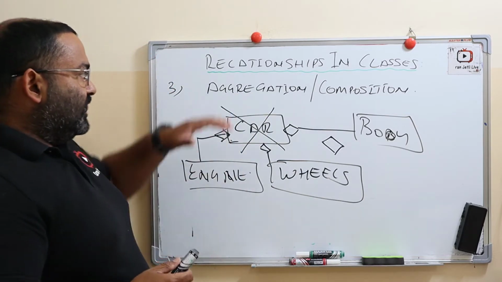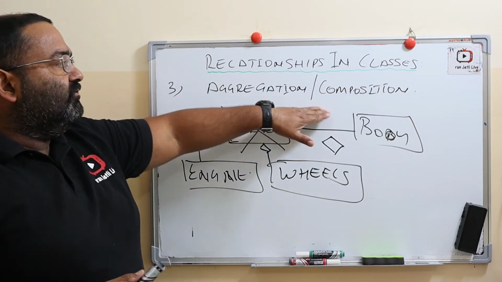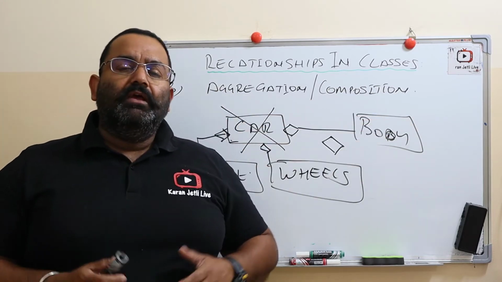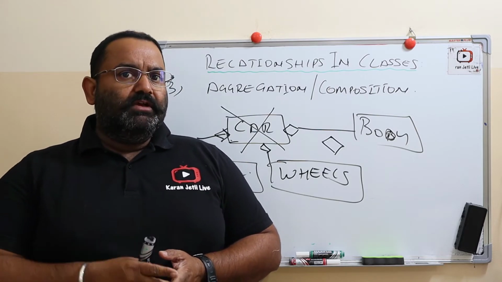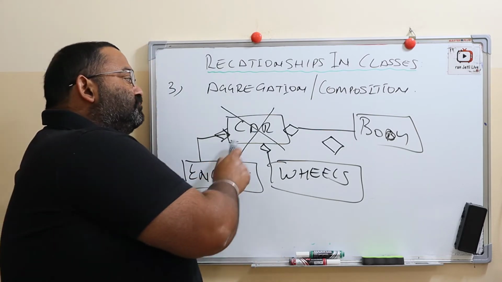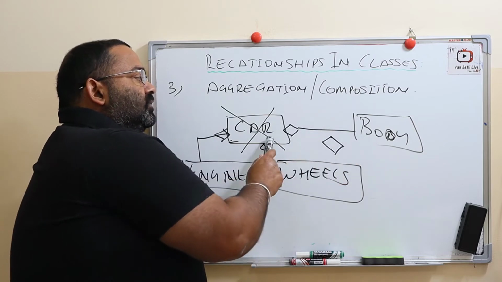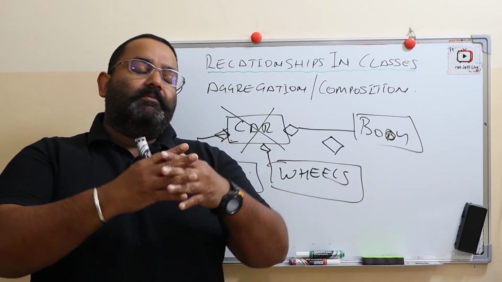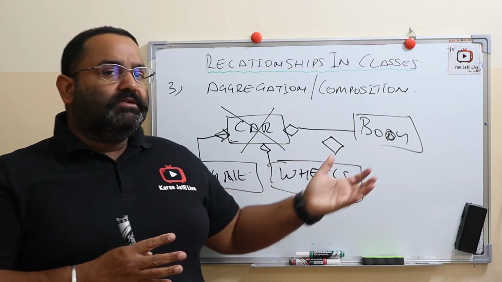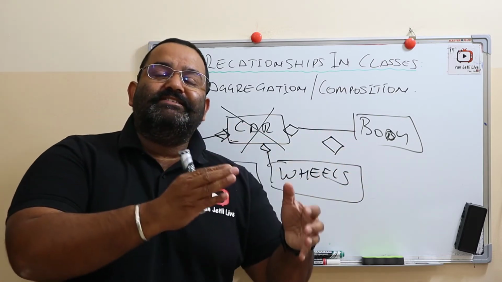So guys, like aggregation, we have one more type of relationship. We call it composition. Now aggregation is a part of relation, but composition is a more strict form of aggregation, and it has a relation.